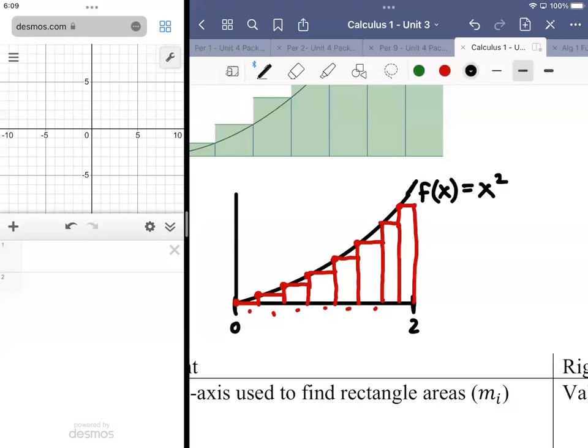These are supposed to be of even width, right? The area under each of these rectangles should add together to give us an approximation of the area under the curve, but the width of each rectangle should be the same. Even though it looks a little skinnier at the end, it really should be a little bit wider.